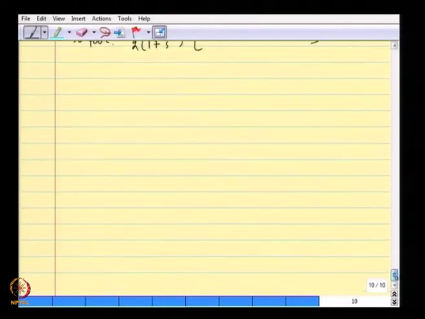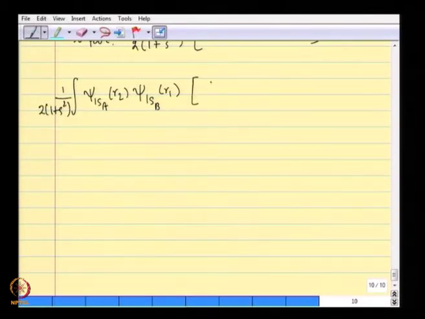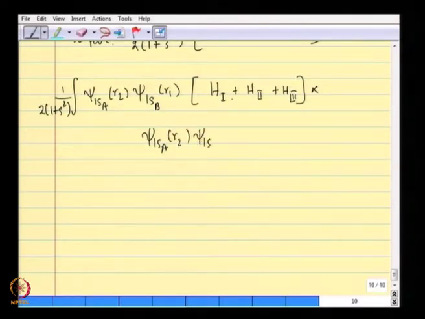There are 2 more groups of terms that we need to evaluate, namely, let us take the second group of terms, psi 1s a r2, psi 1s b r1, and of course it is multiplied by 1 by 2 into 1 plus s square here, with the Hamiltonian as H1 plus H2 plus H3 acting on psi 1s a r2, psi 1s b r1, d r1 d r2.